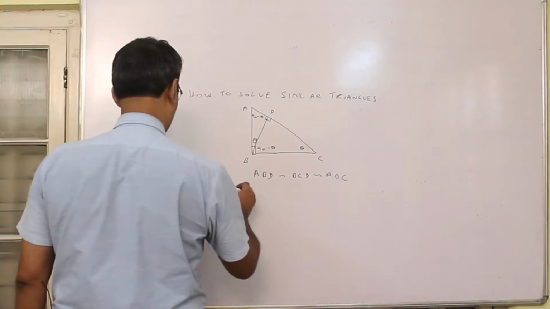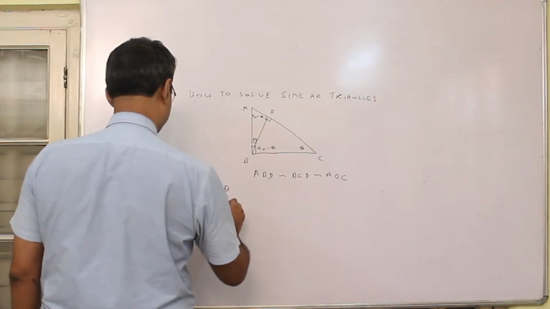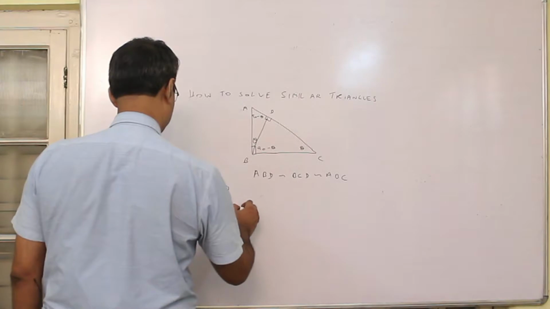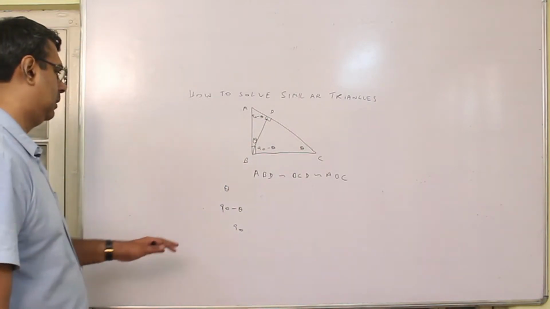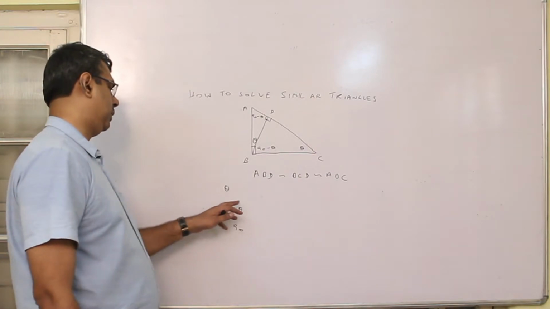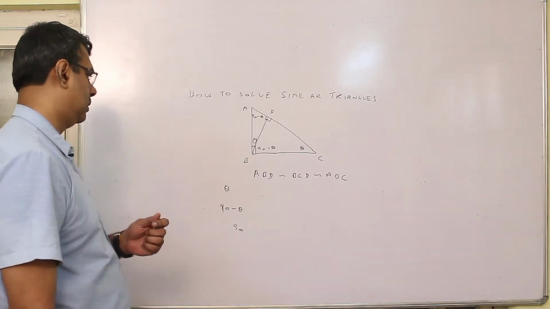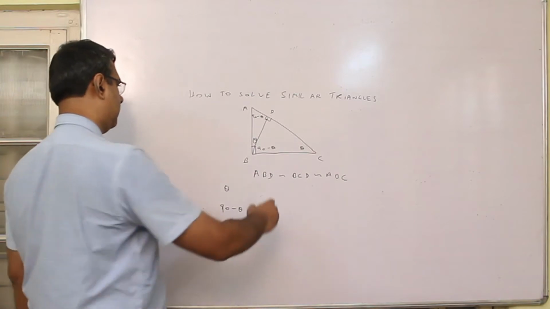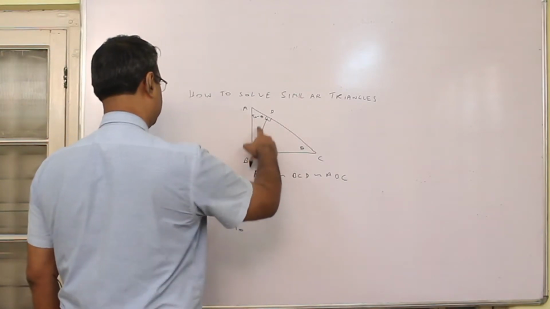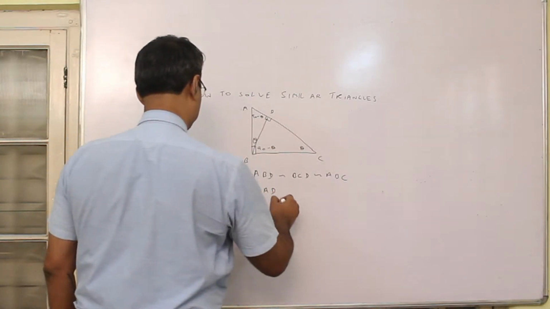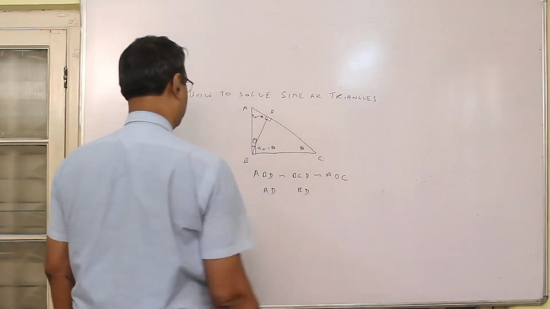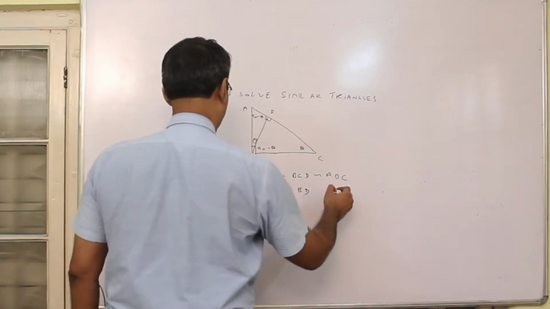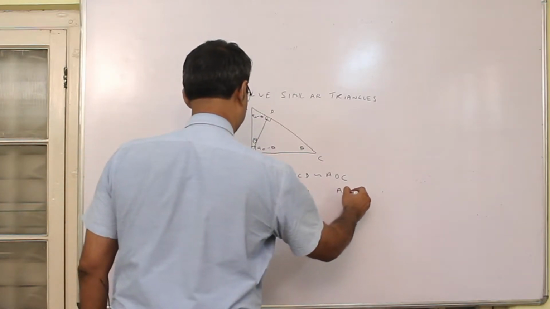Now, you can make a chart like this: theta, 90 minus theta, 90, and you just mention which are the corresponding sides. For example, in triangle ABD, opposite theta is AD. In triangle BCD, opposite theta is BD. In triangle ABC, opposite theta is AB.